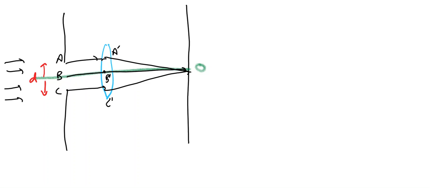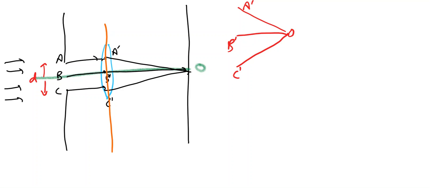So now we know that up to this point there is no path difference. But if there is a path difference, which apparently is there, look at A prime O and B prime O. Definitely these two do not have the same length, though C prime O appears to be equal to A prime O.